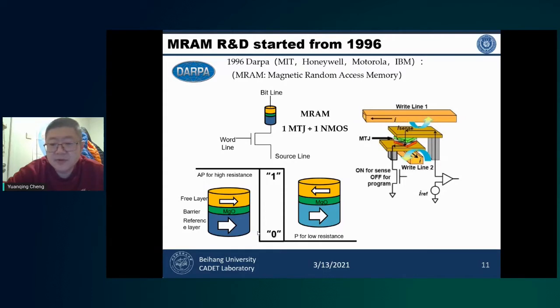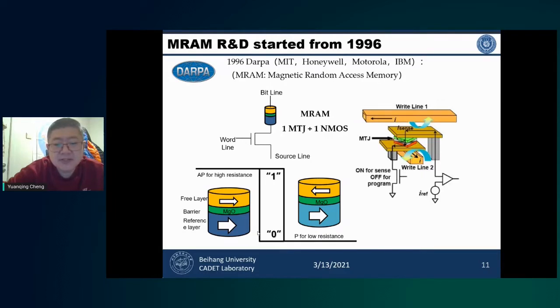Because we know that the current can generate a magnetic field around the metal lines, this magnetic field can switch the magnetization direction of the MTJ. So we can use this effect to change the data stored in the MTJ.